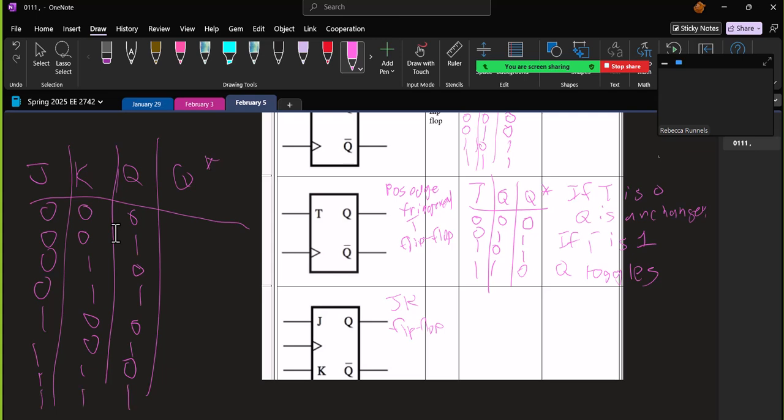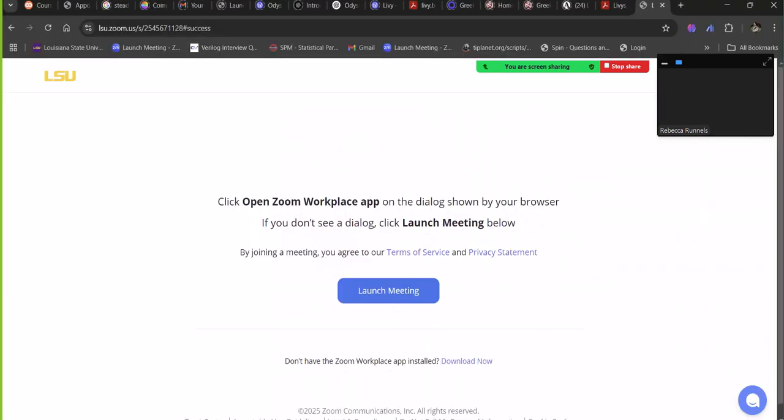And the way a JK flip-flop works is if J and K are both 0, then Q is unchanged. If J is 0 and K is 1, I always get this backwards if I don't look it up.